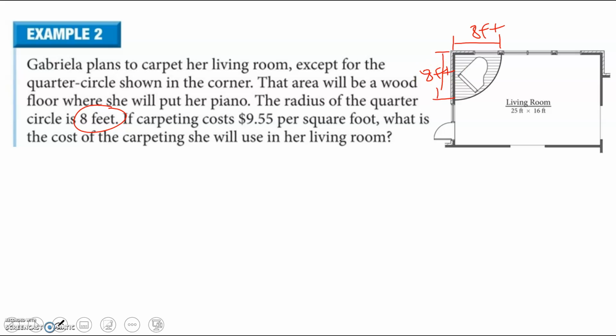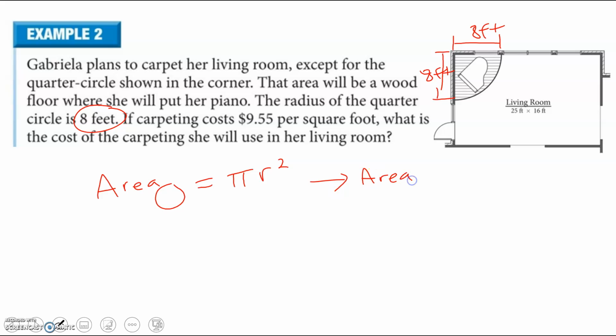Now we do need to remember what the area of a circle is, and then we only need 1/4 of it. So if we think back, we know that the area of a circle is equal to pi r squared. Okay, but we don't want a whole circle, we want a 1/4 circle.